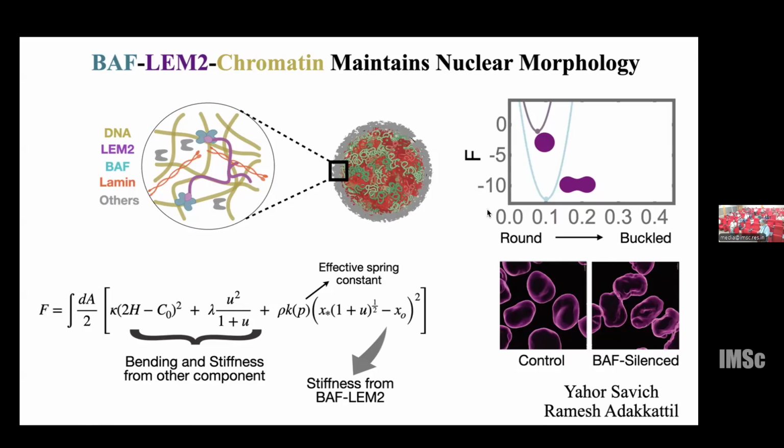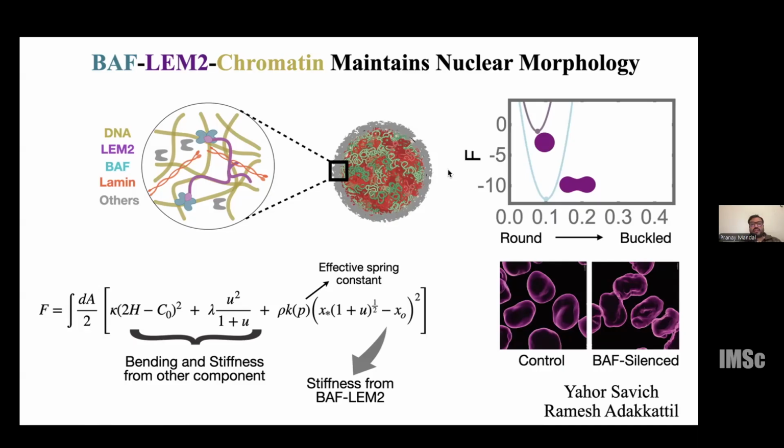Normally, the shape of something is a sphere when the surface tension all over the sphere is uniform, right? And what might be happening here with the knockdown of BAF and LEM2, I think you said, is that the whole thing is becoming non-uniform and not behaving as one unit?